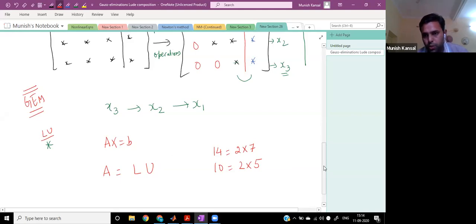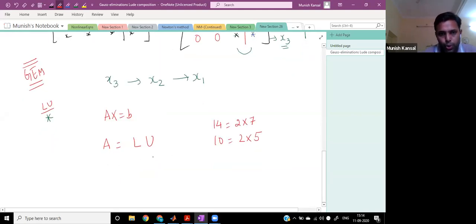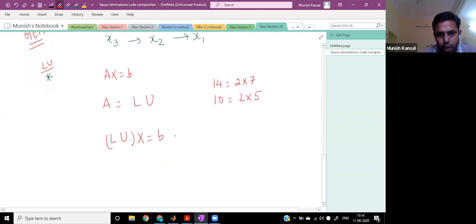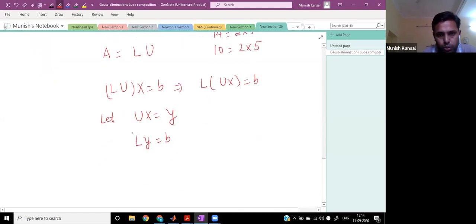So now once you decompose A as L into U, you plug in LU into the given equation, right? So LU times X is equal to B. This implies L times UX is equal to B. So you can take, say, UX is equal to some another variable, let us say Y. So you get LY is equal to B, right? So now you know the value of L, you know the B vector.